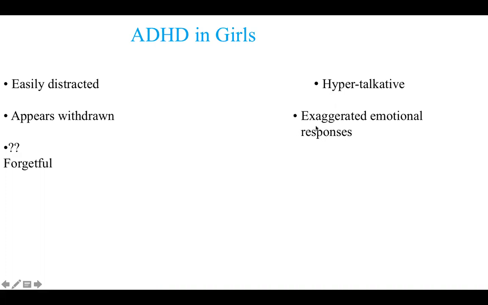This is almost the key thing that I see in all children with ADHD, and more so in a girl child with ADHD or ADD, whether she is inattentive or has a combined type. These exaggerated emotional responses are a very common finding.